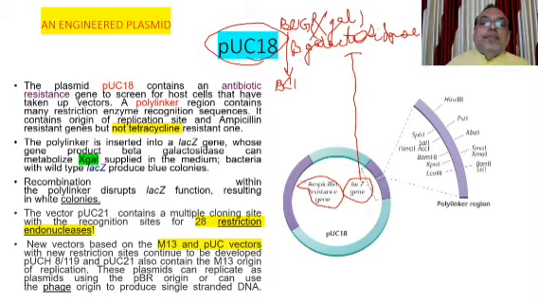So bromochloroindoxyl galactoside is transformed into bromochloroindoxyl by beta galactosidase, and this chemical undergoes dimerization, and it will form indigo.